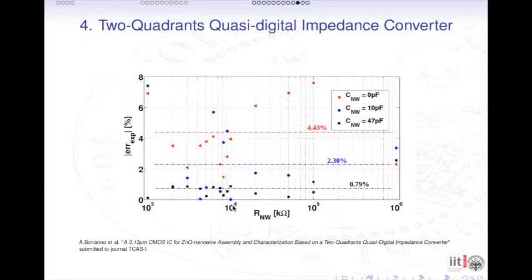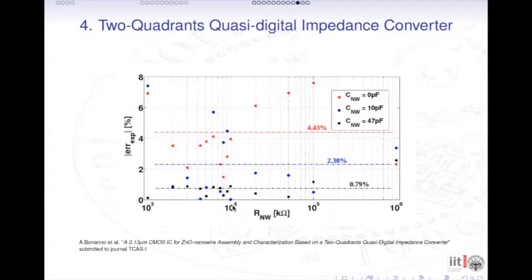If the capacitance is fixed at 0 picofarad, the error increases because the parasitics are more relevant. If we place a parallel capacitance of about 47 picofarad, the estimation error decreases, with an average value of 0.79%.